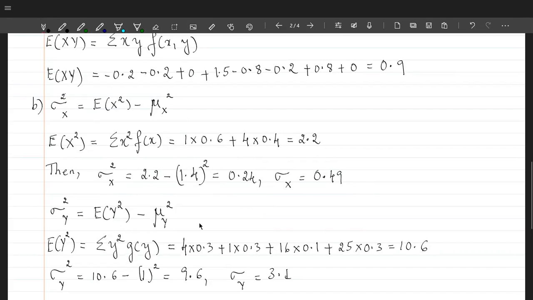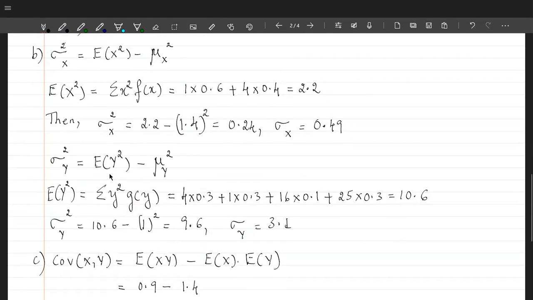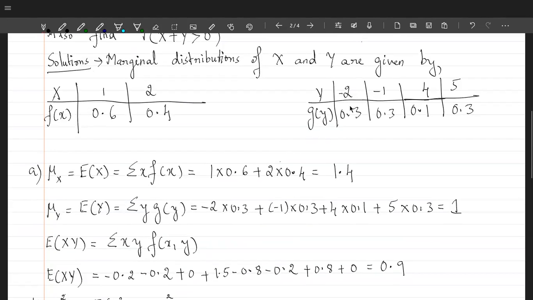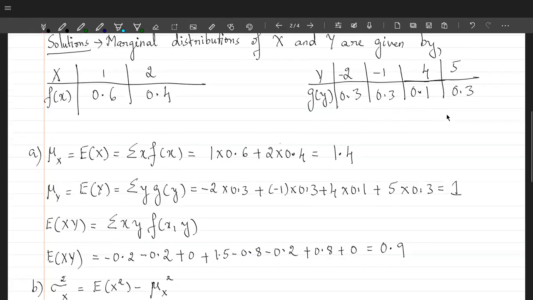Similarly, you can get the answer for sigma square y, that's equal to E of y square minus mu y square. E of y square is equal to summation y square into g of y. So now here, minus 2 square, that is 4, into 0.3 plus minus 1 square into 0.3, 4 square into 0.1 plus 5 square into 0.3.